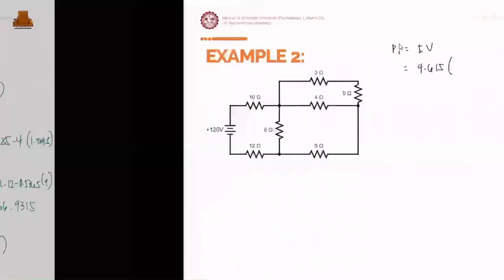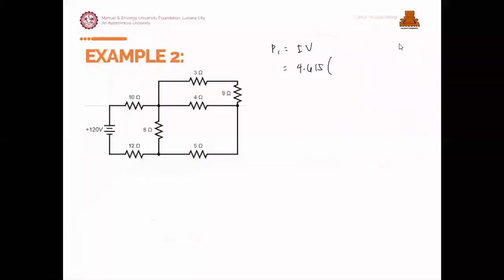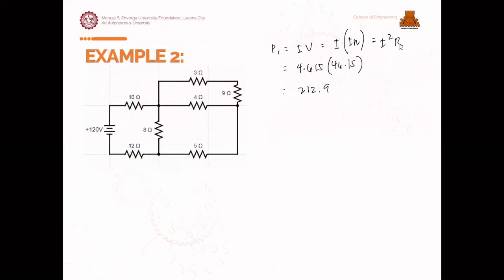Okay? So, ibig sabihin kung iba ang given, pwede natin lagay din yung value ng IR, no? So, another formula is I squared times R. Okay? So, 4.615 squared times 12 is 212.982 watts.